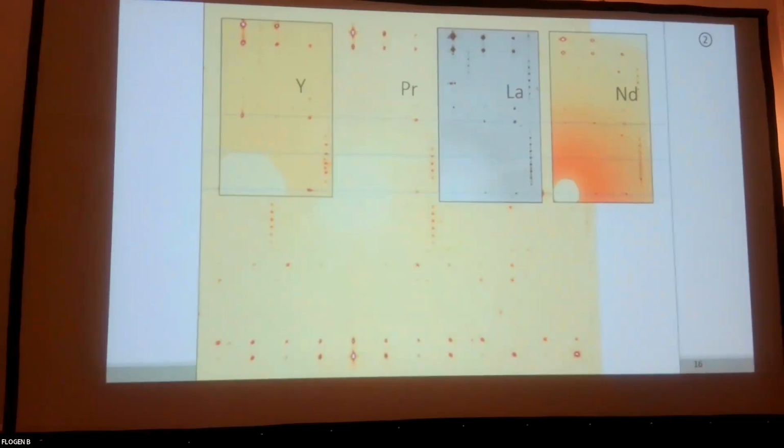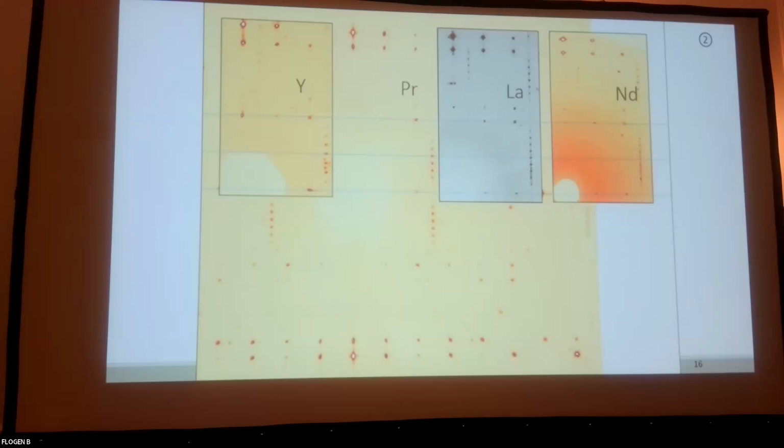And then comparing this yttrium compound that I have just shown you to these other praseodymium, lanthanum, and neodymium compounds where the structure was still not assigned, you can see that there are certain similarities, but looking at these satellite reflections, there are certain differences.